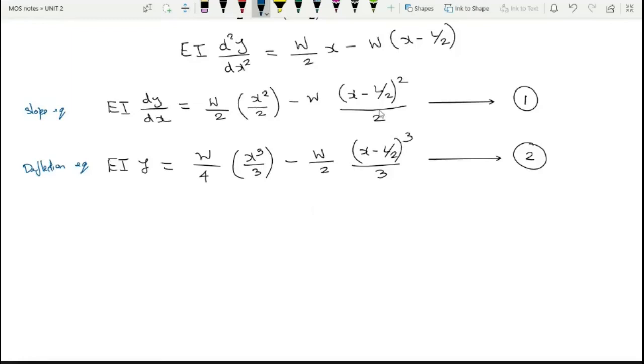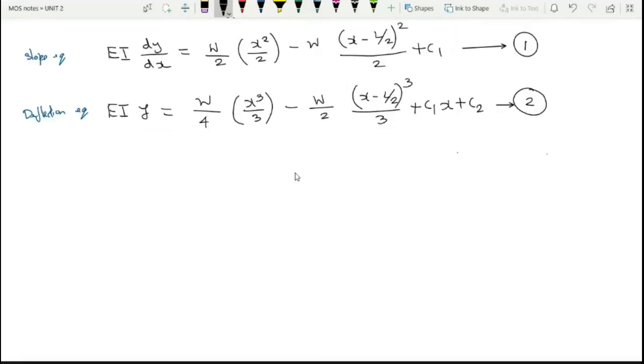Sorry, I left out one important term, which is C1 and C2. When I integrate, I'll get plus C1 in the first equation, and when I integrate again, I'll get plus C1 x plus C2. I'm going to apply my boundary conditions to identify the values of C1 and C2.